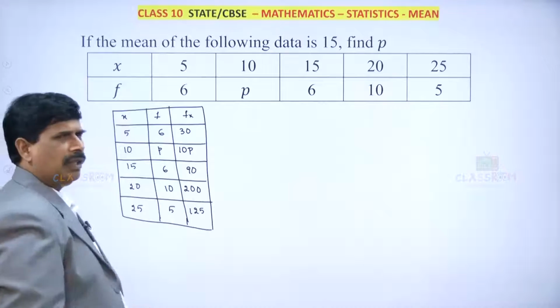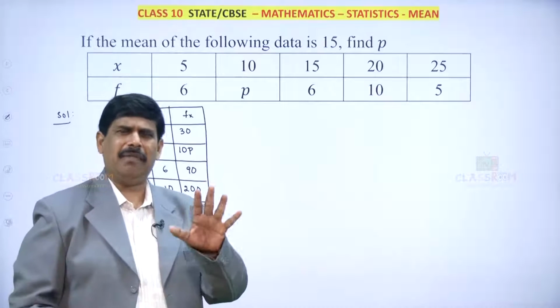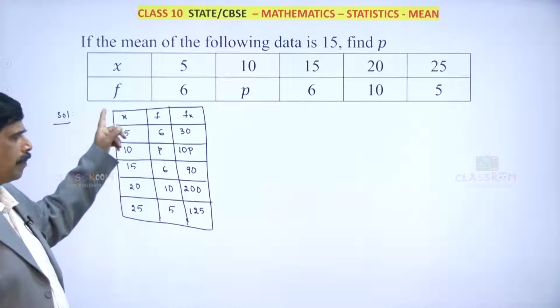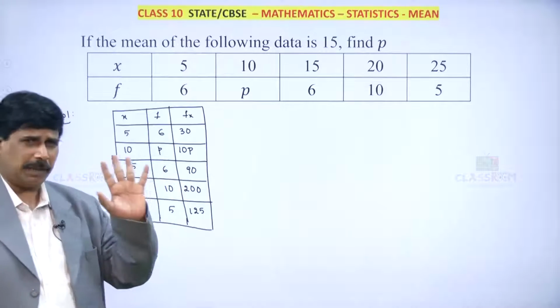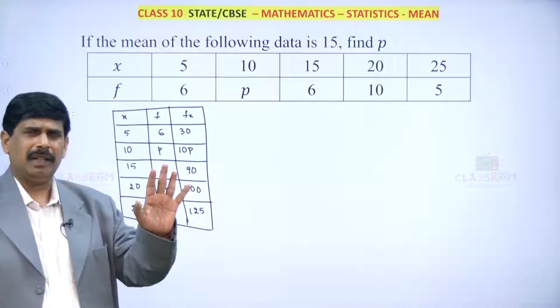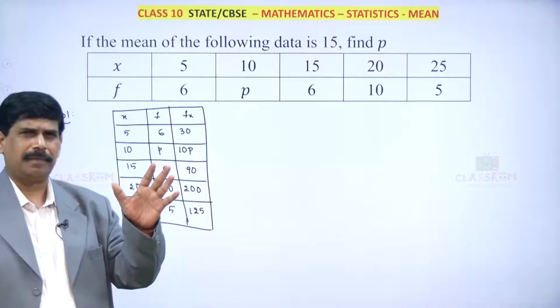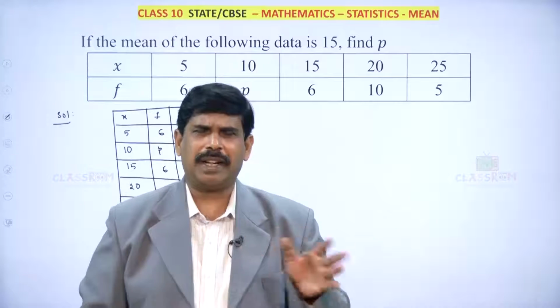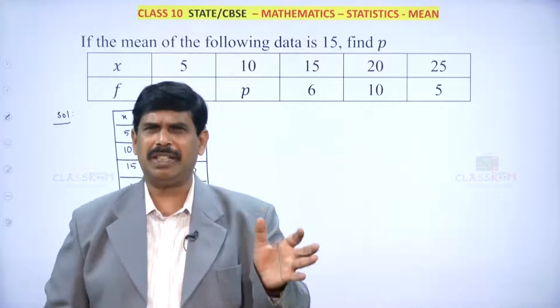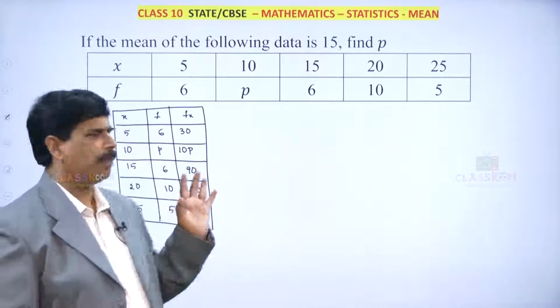Is it clear children? So the x and f values are already there in the table. No matter whether one of the frequency is absent here, instead of that you have P. Don't get confused. Let P be treated as a number and you proceed according to the procedure.